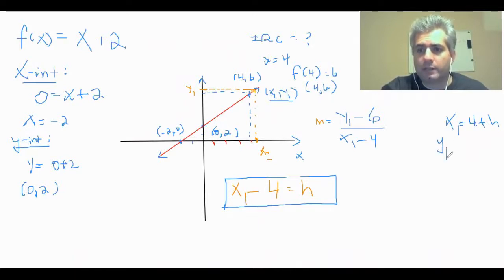So instead of using (x1, y1), we're going to use (4 plus h, f of 4 plus h) in our formula. I'll just clear some space here.